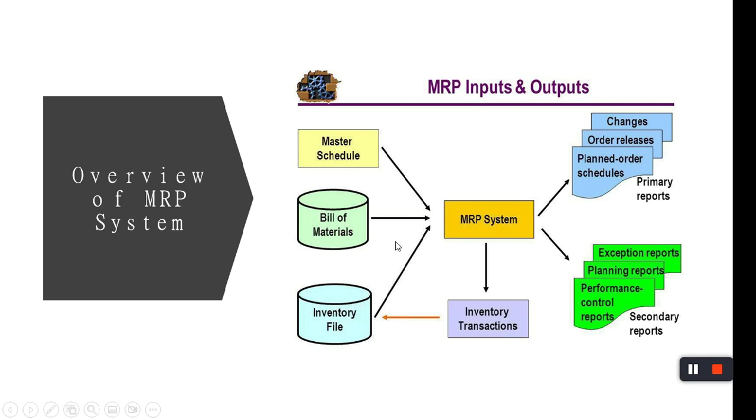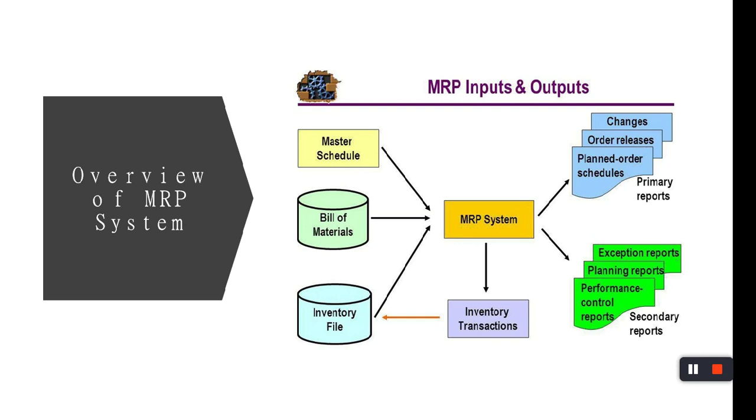So those are our inputs, and as outputs of the MRP system, we can generate these reports. We can generate the planned order schedules, the order releases, and any changes on those orders. And then we can also see exception reports. When we say exception reports, what has gone wrong?